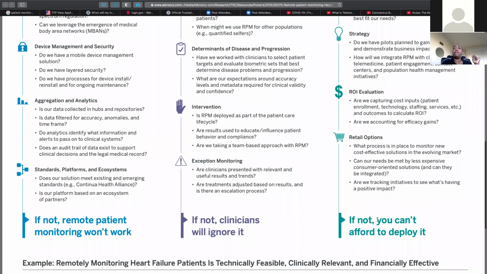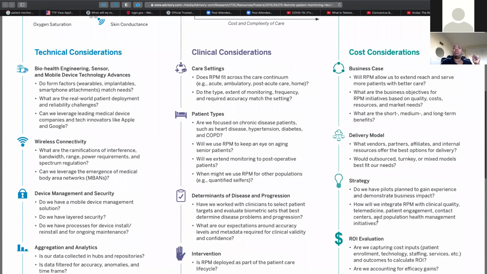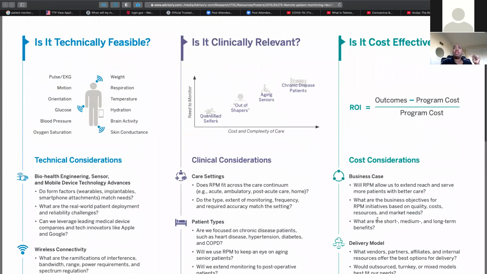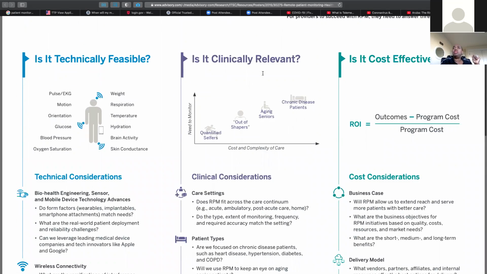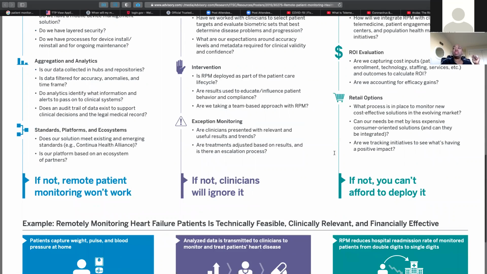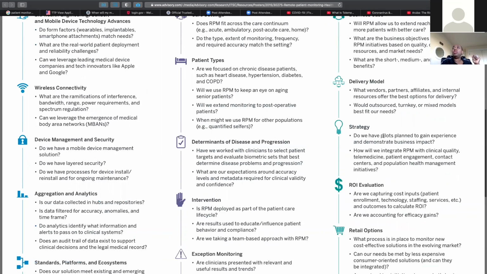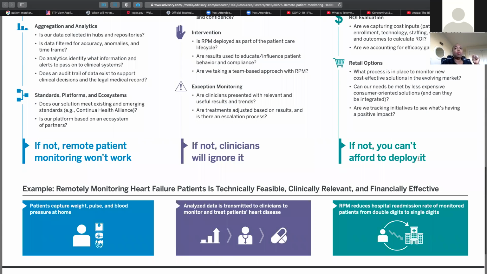If technically it's not feasible, it's not going to work, obviously. If it's not clinically relevant, the clinicians are not going to use it. And if it's not cost effective, then you can't afford to deploy it.